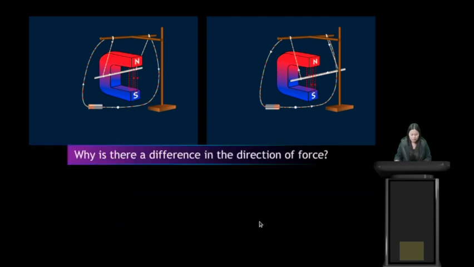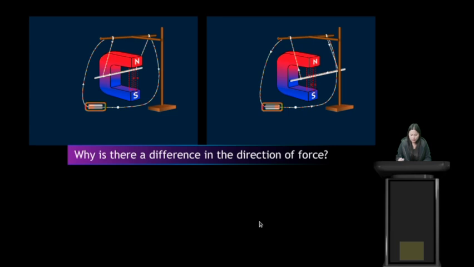Yes, students. So here, why is there a difference in the direction of force? In these two cases, we see that both the conductors are placed in magnetic field in the same direction. Yes, the magnetic field lines are in the same direction, but there is difference in direction of force. So why is there a difference in the direction of force?